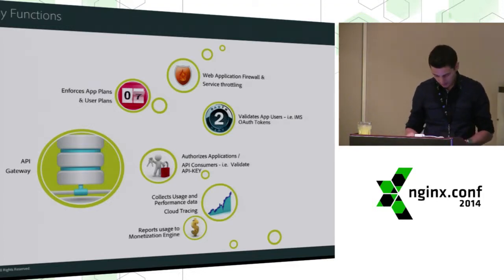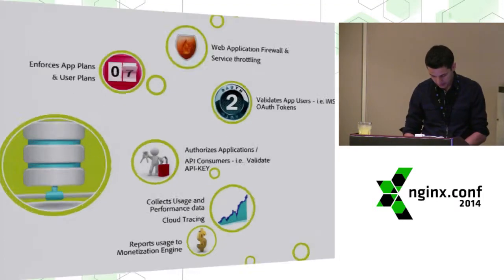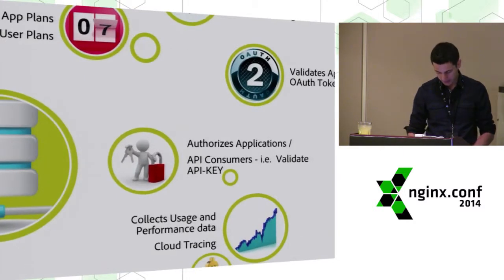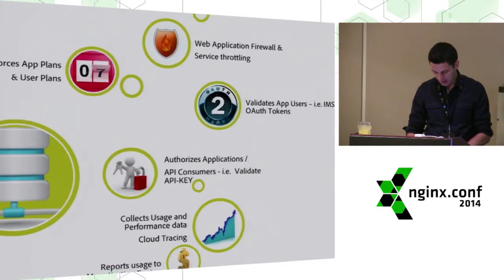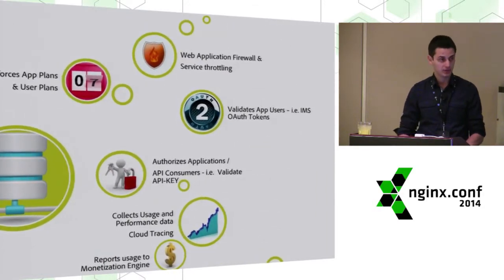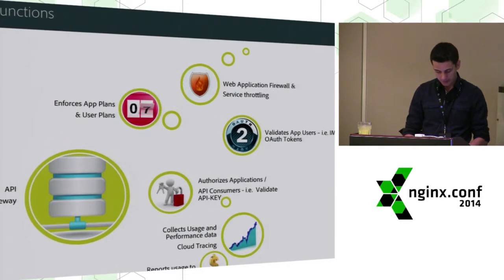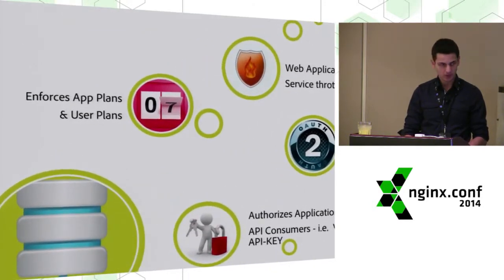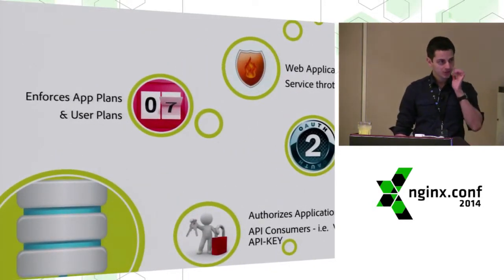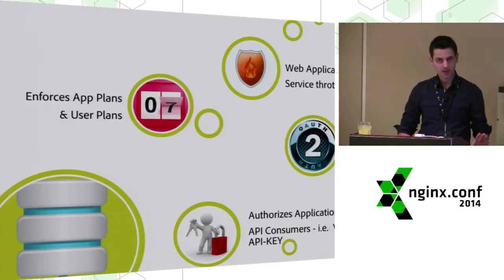And then, among other things, a gateway needs to authorize the application, as you saw, Photoshop Mix and others. It has to validate maybe some users, because depending on your subscription, you may be allowed more features in the application. It has to enforce some application plans and user plans. I'm not sure if you're familiar with application plans and user plans, but I can give you a sample.